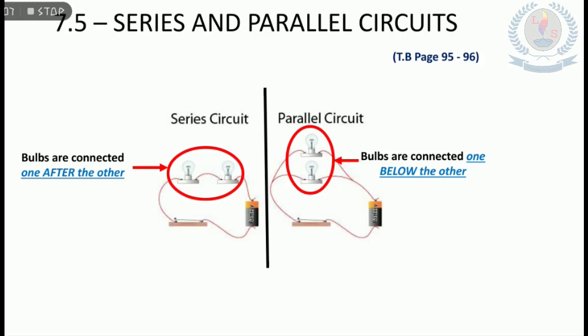So we call it a series circuit. Next, observe the second circuit. There you can see second bulb is connected below the first bulb. Since the first bulb is connected parallelly, we call it a parallel circuit.